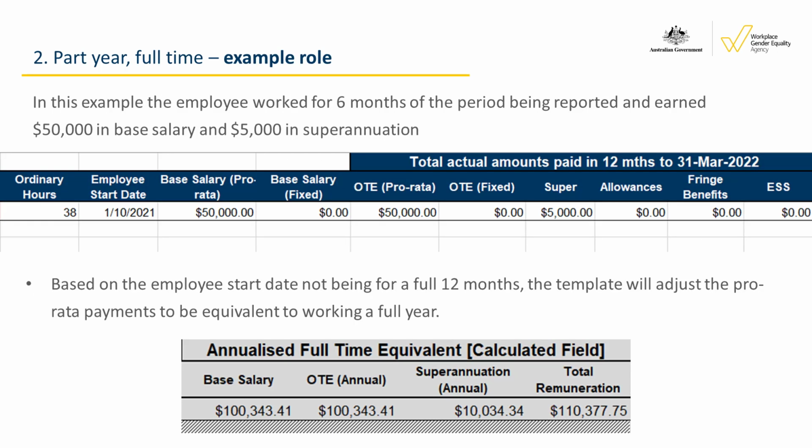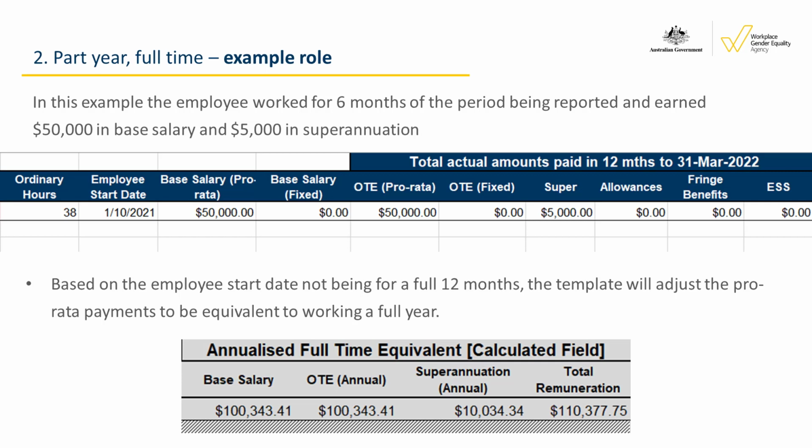In this example, the employee worked for 6 months of the period being reported and earned $50,000 in base salary and $5,000 in superannuation. Based on the employee's start date not being for a full 12 months, the template will adjust the pro rata payments to be equivalent to working for a full year.